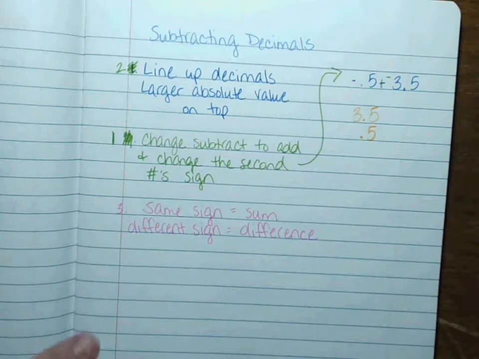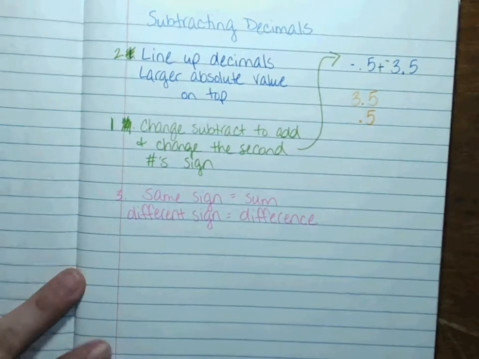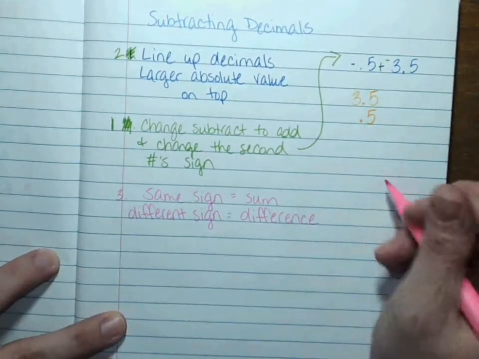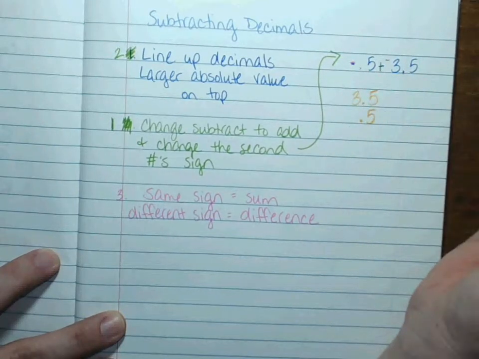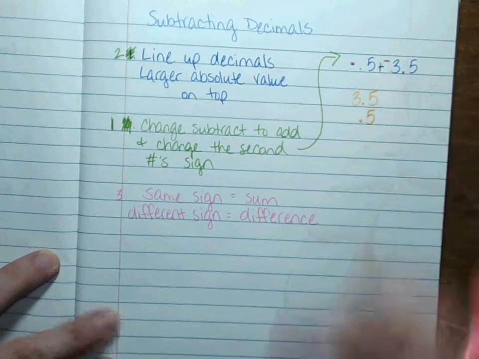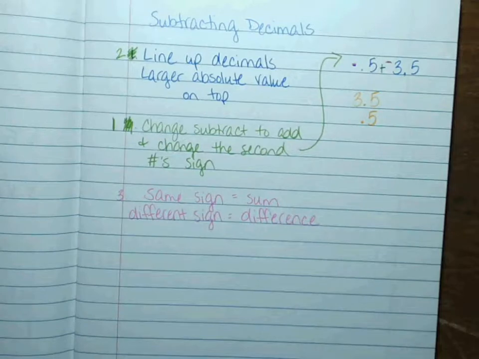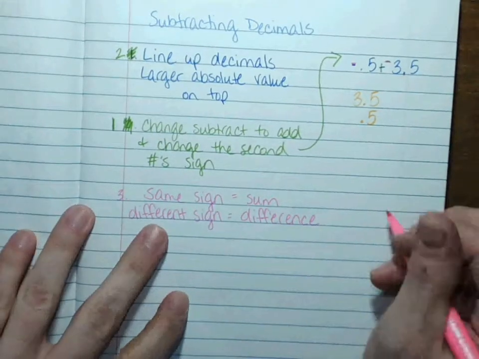Same sign, sum; different sign, difference. So I've got a negative 0.5 and a negative 3.5. Same signs or different signs? Same sign. Same sign sum.